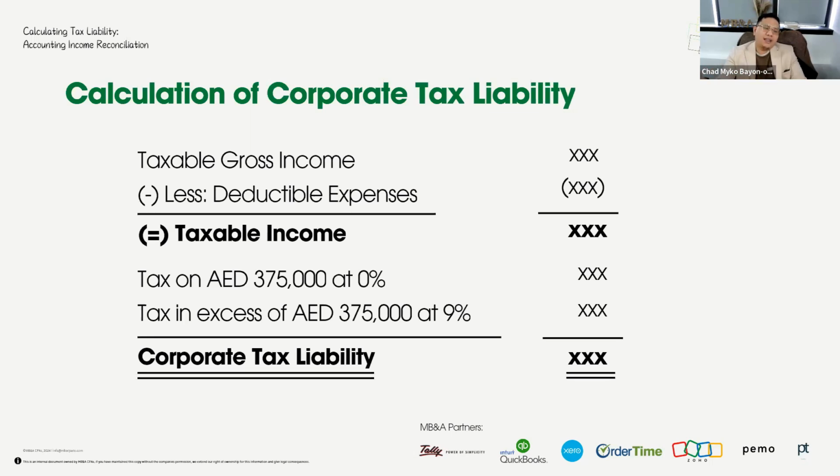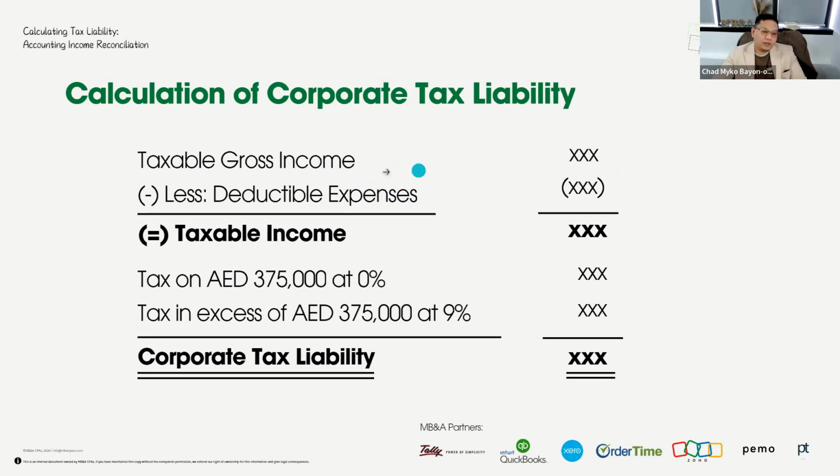And then it will be deducted with acceptable deductible expenses provided by the law. So whenever we have a list of expenses, we will be identifying which of these expenses are actually acceptable or not with the tax authorities.